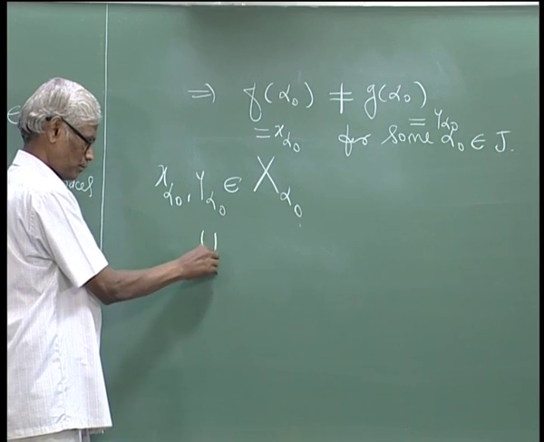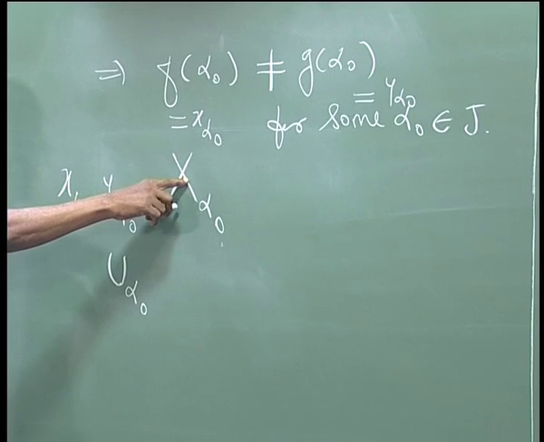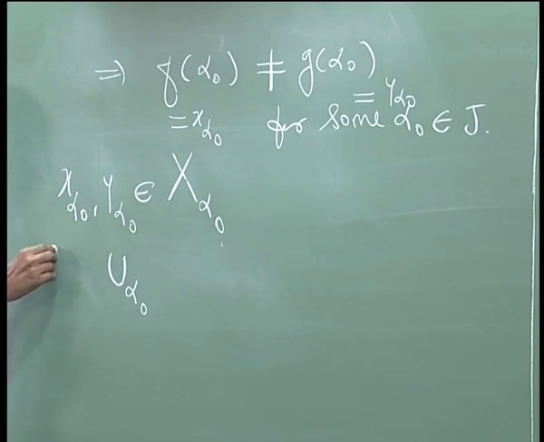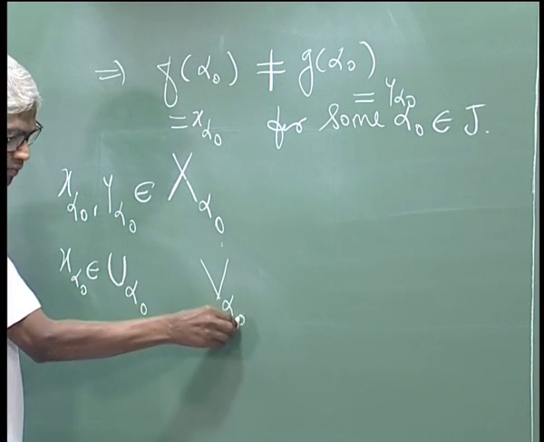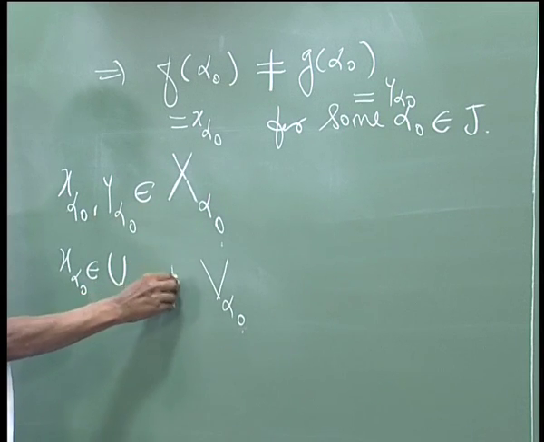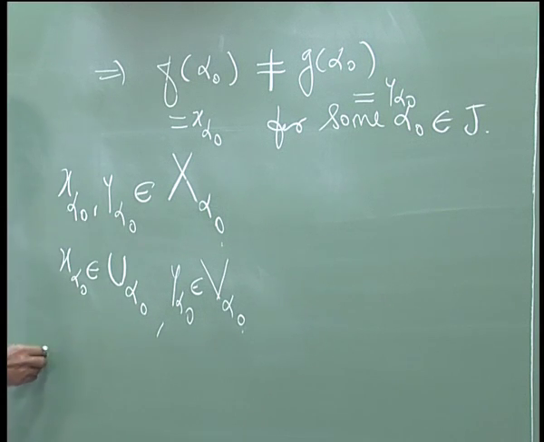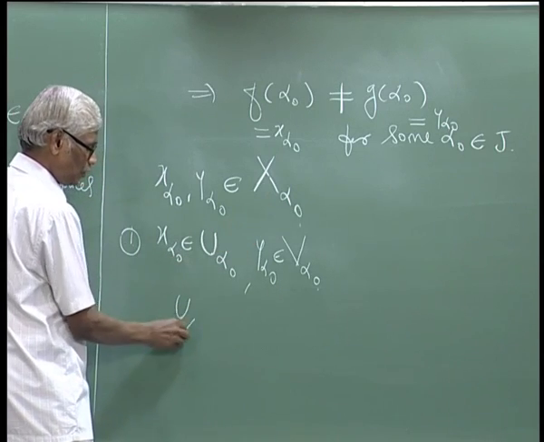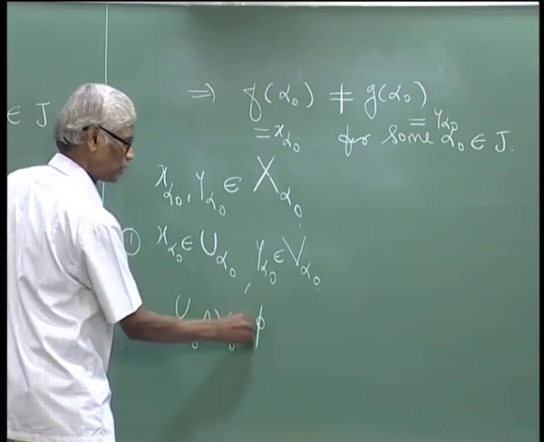Hence we get an open set U_alpha_0 in X_alpha_0 containing f(alpha_0), and another open set V_alpha_0 containing y_alpha_0, such that U_alpha_0 intersection V_alpha_0 is empty.